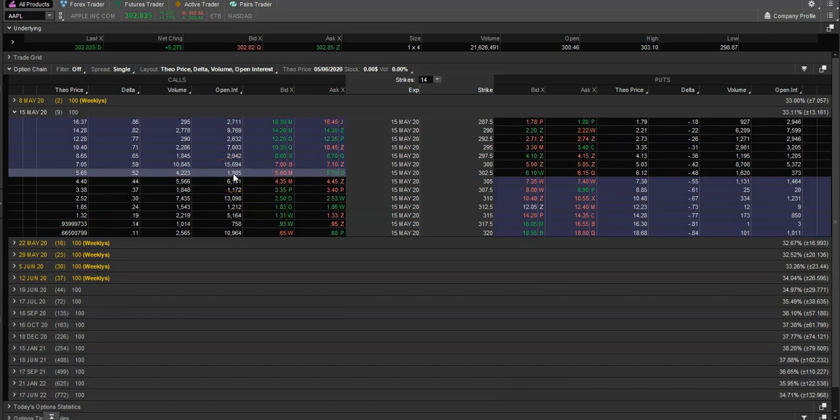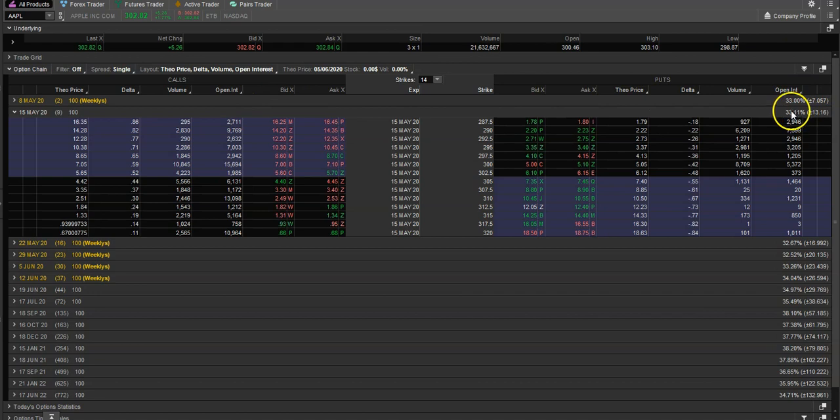So hopefully that helps. Then we have our bid and our ask, and these are calls. Over here, these are puts, the put side, and it's the same exact thing.